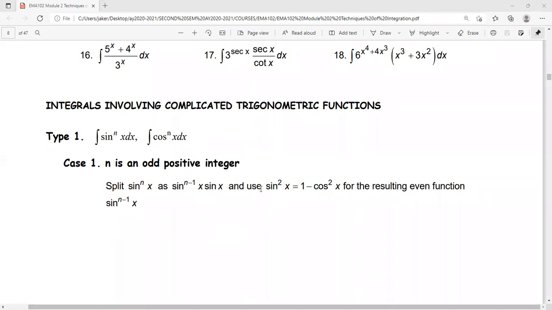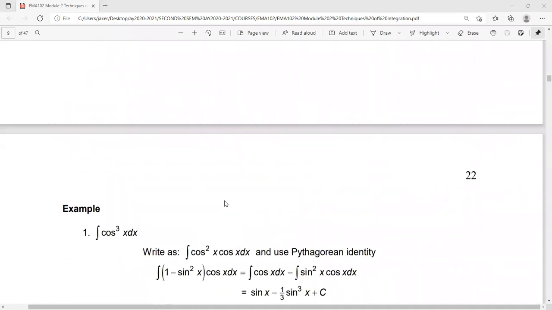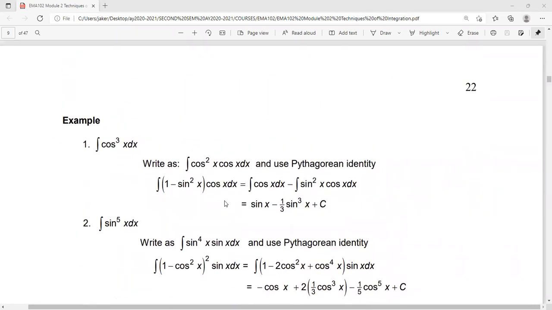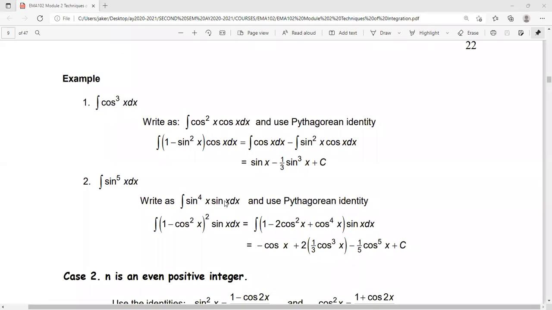Now to illustrate what I mean, I have here two examples for a function that is raised to a positive odd exponent. Our first example is for cosine cube x. So split the cosine into cosine of x and cosine squared of x.